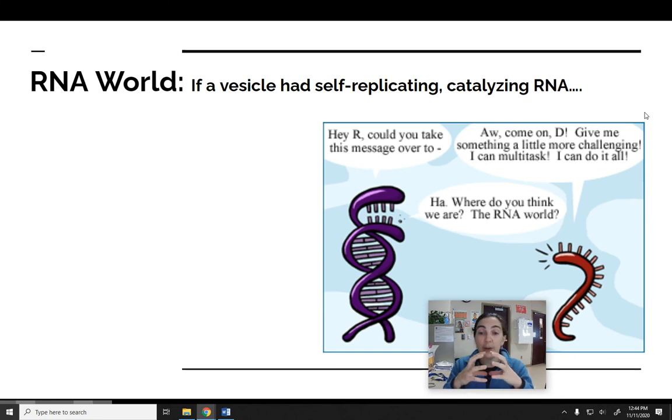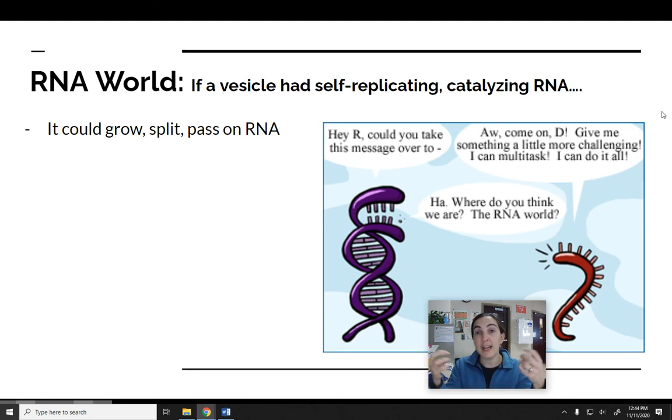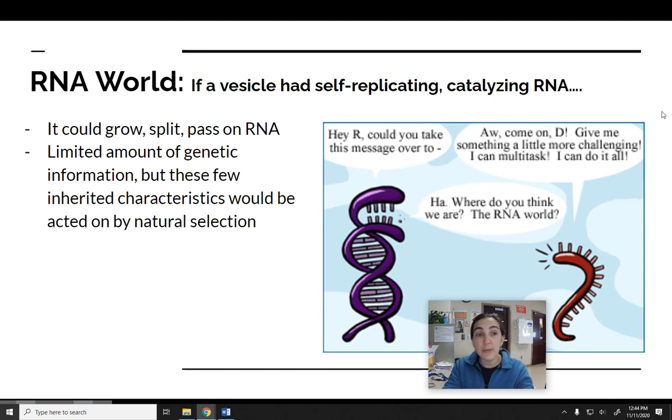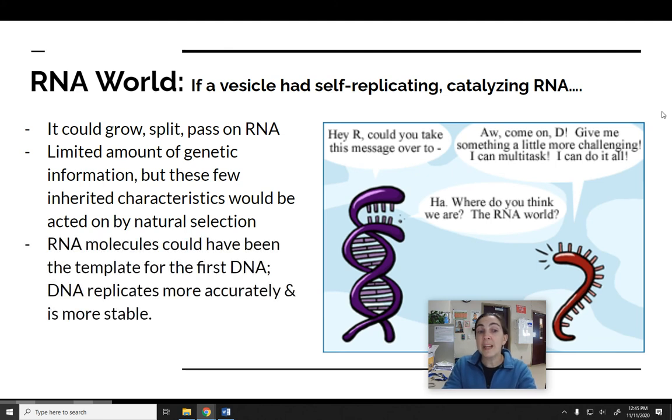Because if we had one of those protocells that had within it some self-replicating RNA that could also catalyze chemical reactions, then that little protocell could grow, it could divide, and it could pass on that RNA. It wouldn't have a lot of genetic information, but those few inherited characteristics, those few proteins coded for by that little bit of RNA, would be acted on by natural selection. If they were helpful to the survival of that little cell, then they would be passed on, and if not, then they would not. And over time, those RNA molecules could have been the template for the first DNA.